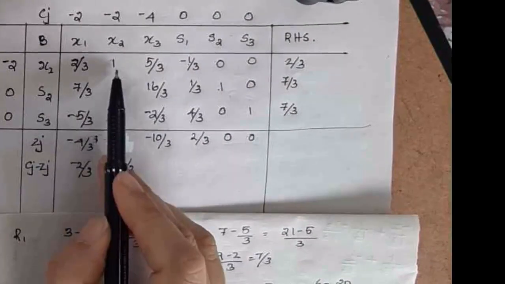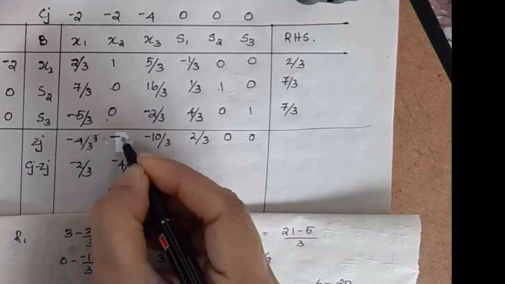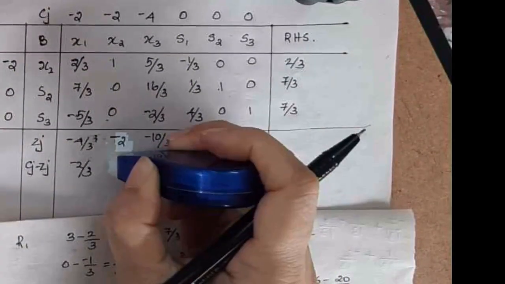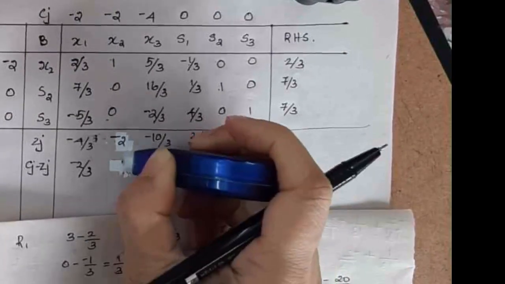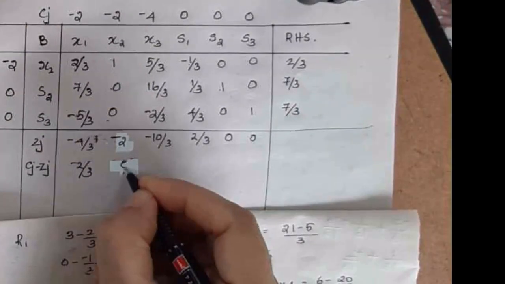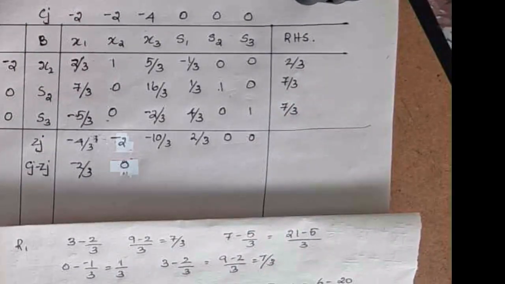Okay, minus 2 into 1 is minus 2. Minus 2 minus minus 2 is 0. This is 0.